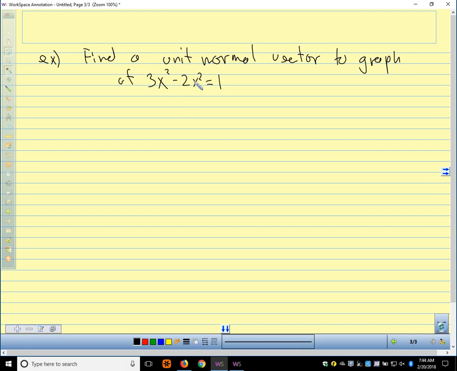Let's think about how we would have done this in chapter 12. We could parameterize the curve, find the unit tangent vector using r prime over the magnitude of r prime, and then use that to find the unit normal vector at that particular point. There's a little bit of work involved there. And I'm going to say this is at a particular point, (1, 1).